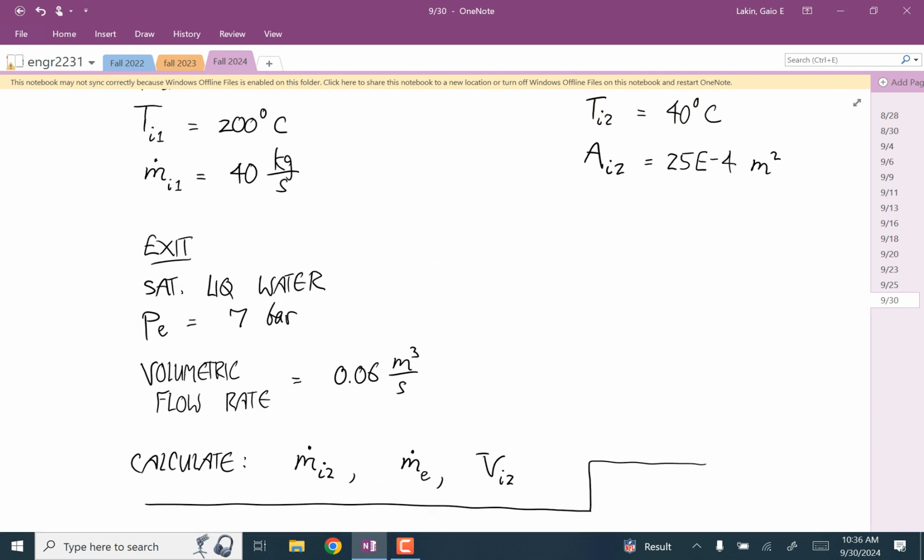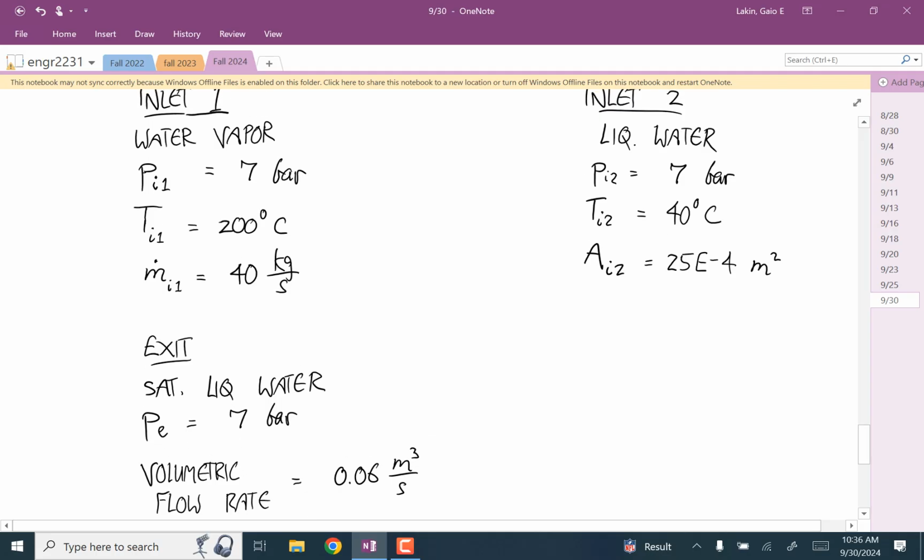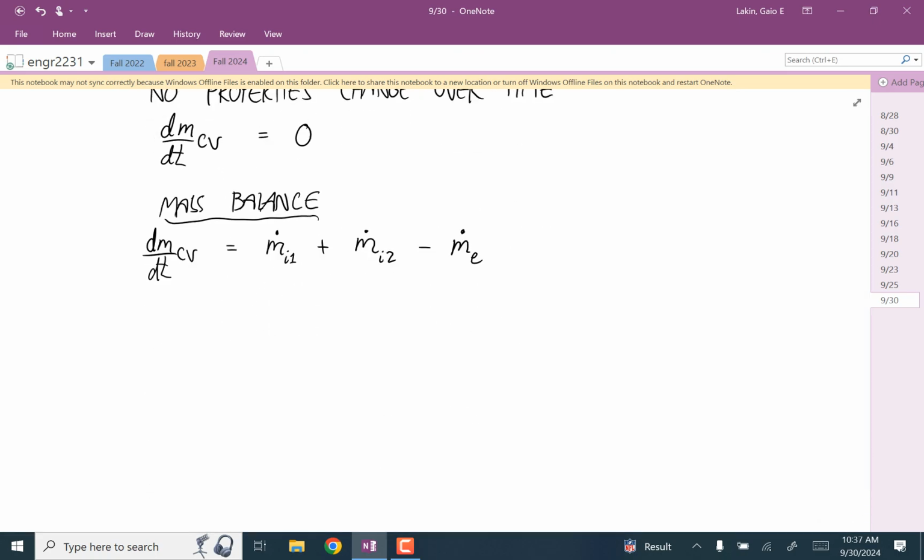Let's see if we have the information we need to get the properties for this. Well, m dot at inlet 1, we already know. That's given to us directly. And because it's steady state, the left side goes away. So let's fill in what we know: 0 is equal to 40 plus m dot inlet 2 minus m dot exit.